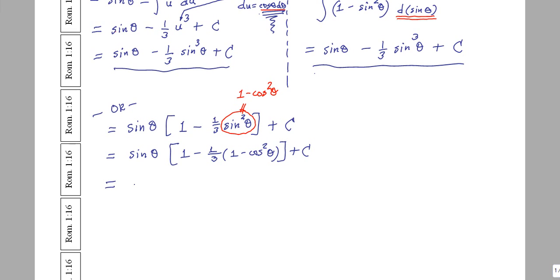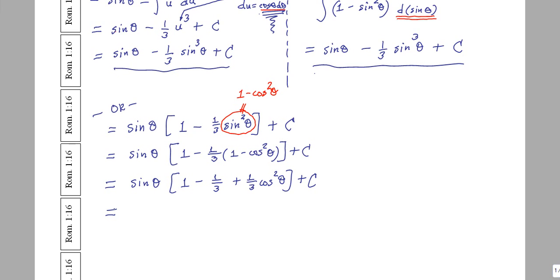Let's distribute: minus a third times minus cos squared is plus a third of cos squared theta, plus that constant.